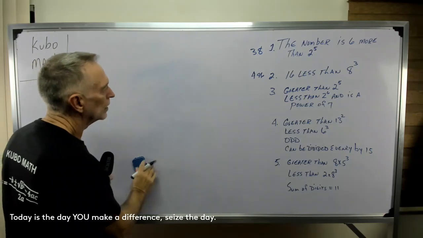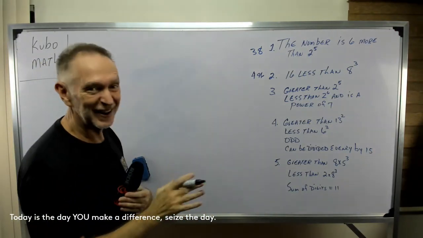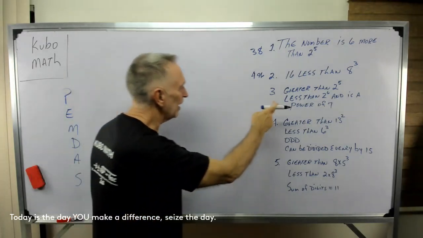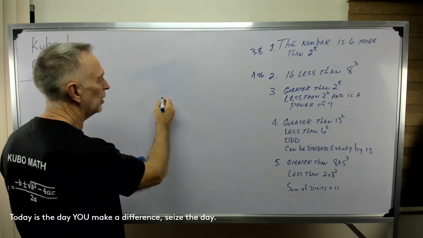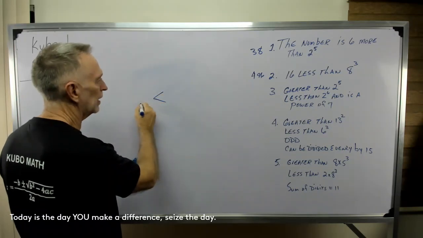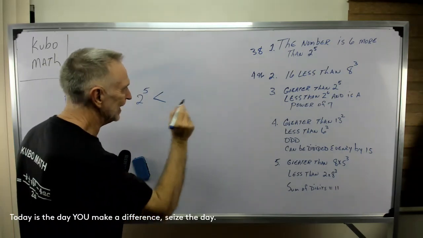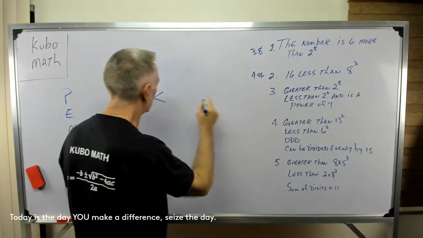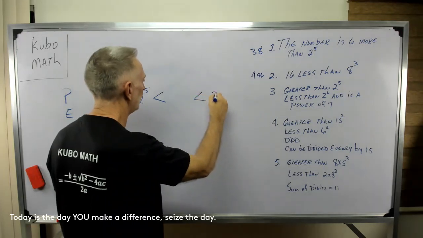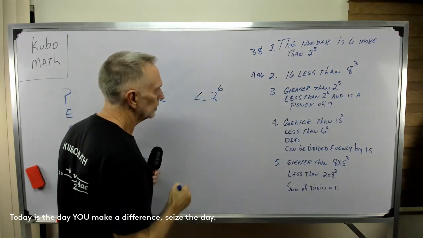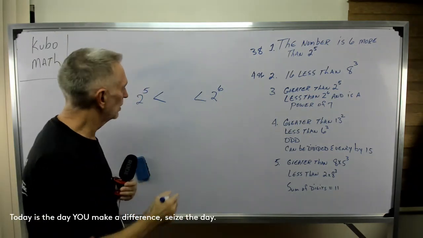All right. Now then, the number that we're looking for is greater than 2 to the 5th, but it's less than 2 to the 6th, and it's a power of 7.